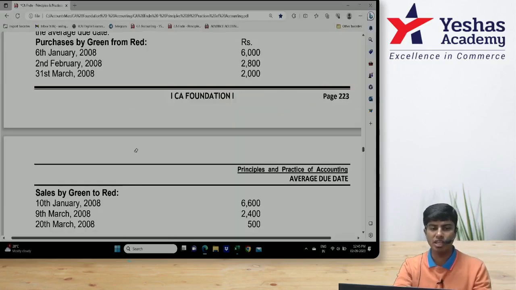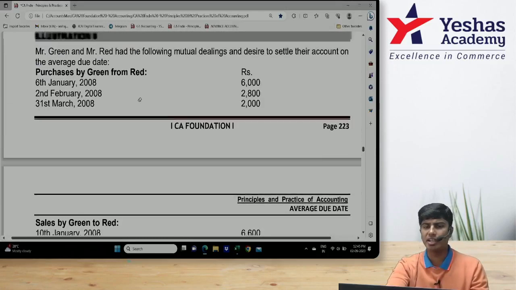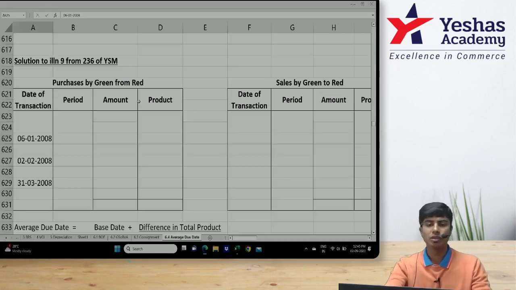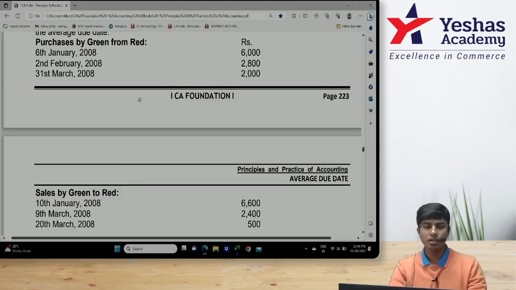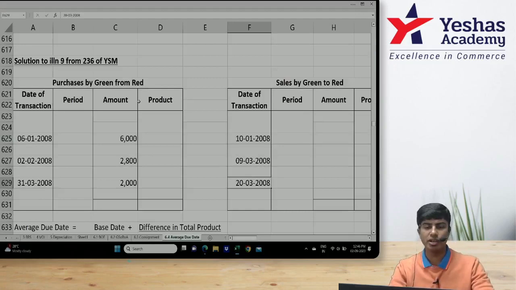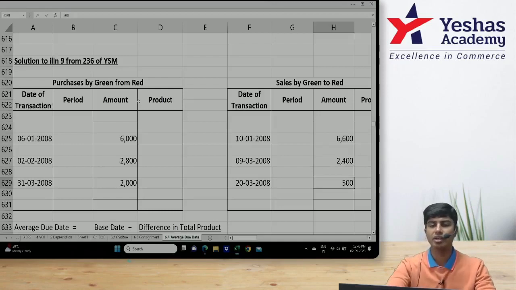Okay. Have they given period? No, nothing. So same day it is due. No credit period also. Amount 6,000, 2,800. Similarly, sales by Green 10th January, 9th March, 20th March. Amount 6,600, 2,400, 500. Got it?